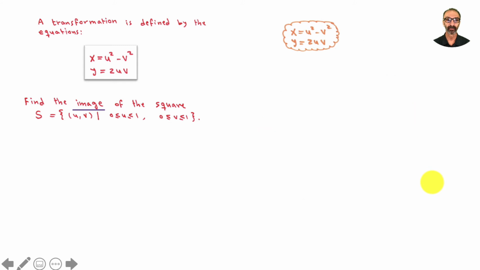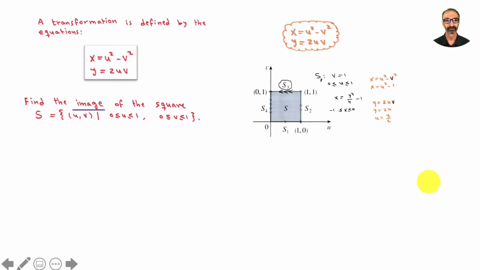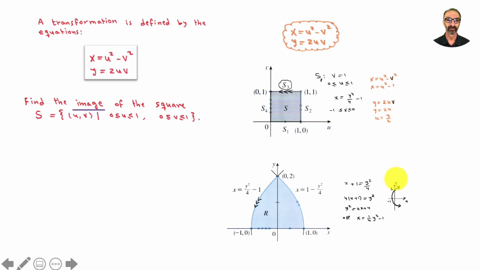Let's move on to S3. Same style, same idea, same concept. It ends up as a parabola that opens to the right and shifted down or left, in other words, 1. And that's how it looks like.